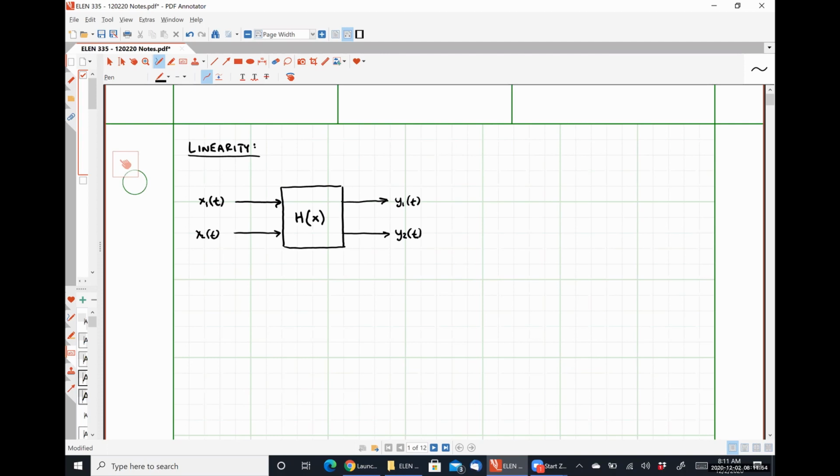For instance, if this were a resistor, our input signal might be a current and our output signal would be the voltage. The transfer function would then simply be the resistor value, because the current-voltage relationship for a resistor is governed by Ohm's law, V is equal to I times R. So if V is the output, I is the input, R is the transfer function of the system.